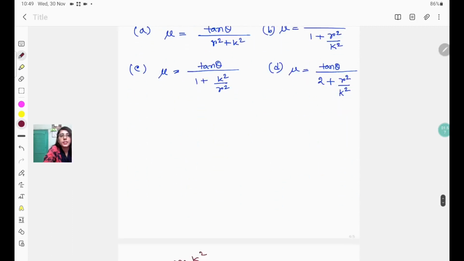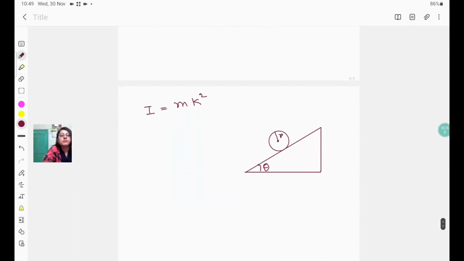So here this plane has a resistive force which opposes the rolling motion of this body, and of course we know if this body is rolling down, that is the motion of this body is downwards, then the reaction or the frictional force or the resistive force will act along this direction, that is opposite to the direction of motion of that body.